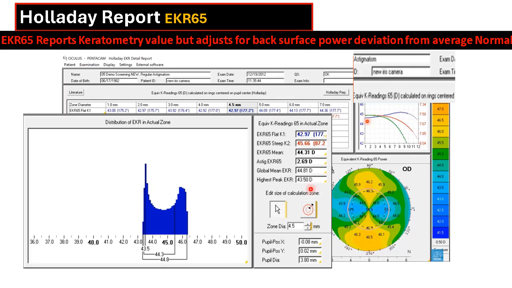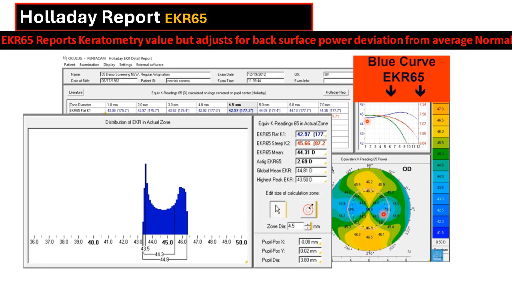You will find the first peak, which is here, present in this one, which is with-the-rule astigmatism. So there is steepening here. There is another peak here in the horizontal meridian, and the other powers are distributed all over the cornea. This indicates that large numbers are present in this area, and large numbers are present in these areas. And these numbers have taken the 65 percentage.